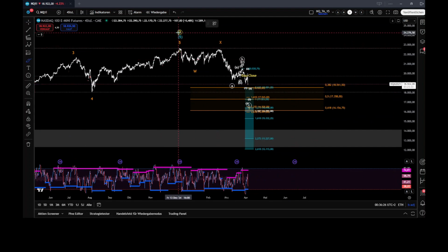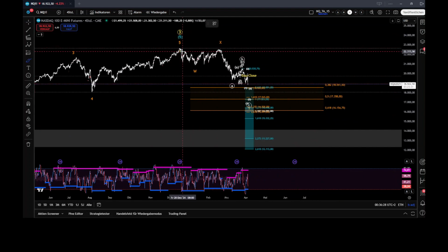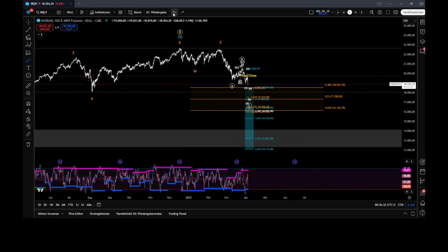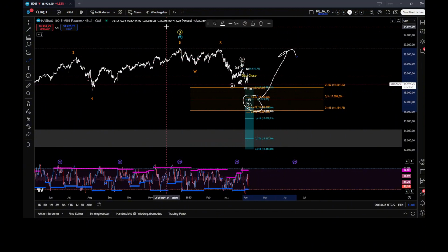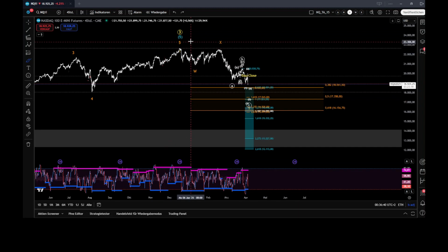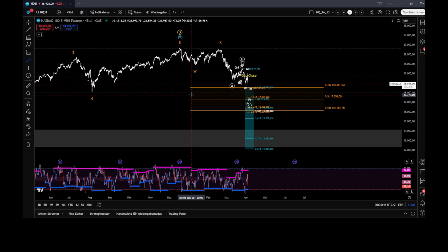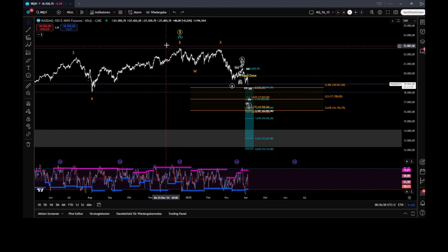I just want to make you aware of that scenario, but if we find support here and rally to the upside, I would think that I have to lower that one degree, and I think we have to really see what's going on.